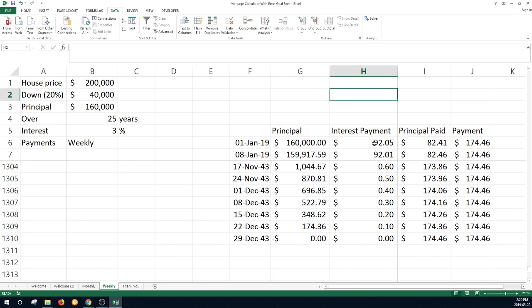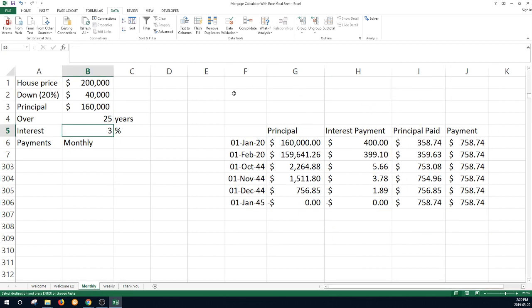Now let's say if you wanted to see what is your advantage of making a weekly payment versus a monthly payment. Well, clearly if you do it weekly, you're paying slightly less interest. How much really less interest? Let's do the math on that. Over 25 years, if you were making this a weekly payment, you would be paying $67,499.11. Let's take this number to the other tab here.